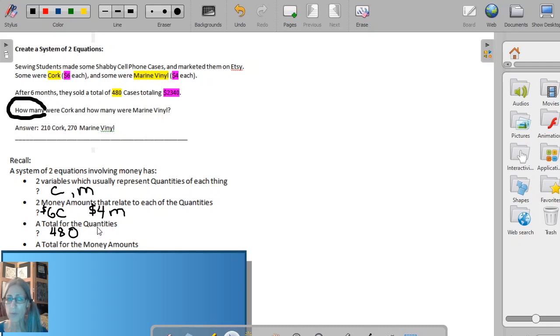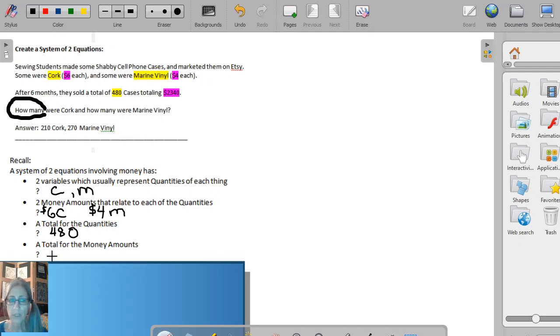So not just a total for the quantities, but for the money amounts, we usually get a total. And so what is our total money amount? Well, it's right here, 2340. So we'll write that down. So these were all the things here, these three, actually four if you count them separately, these were given to us. And this is our variable that we have to find.